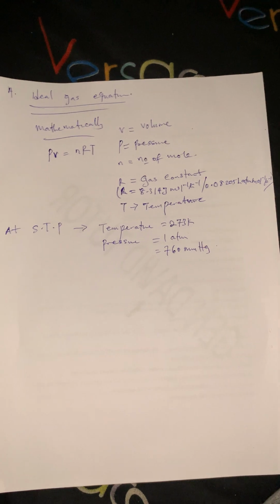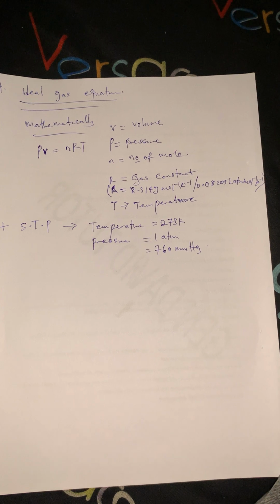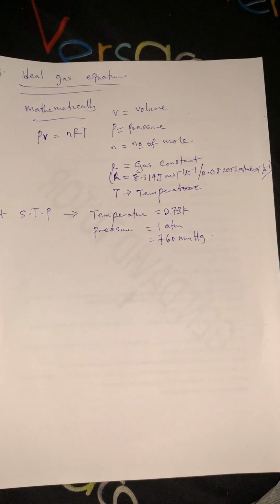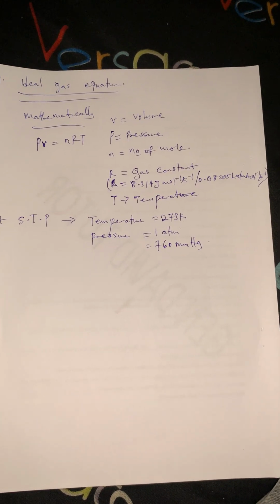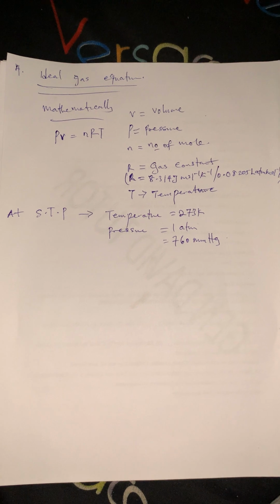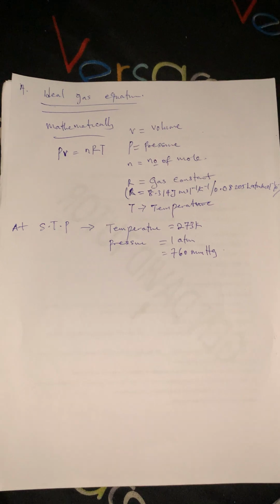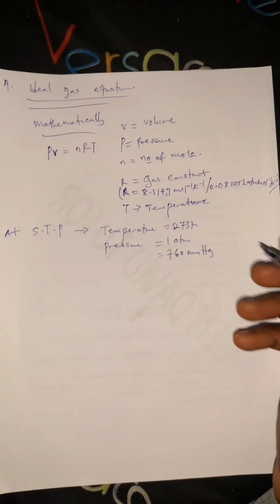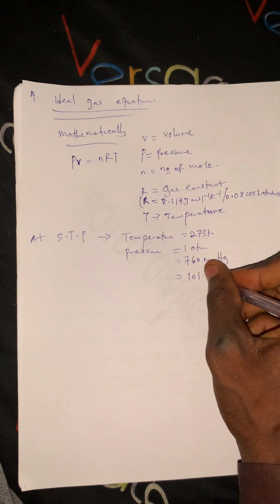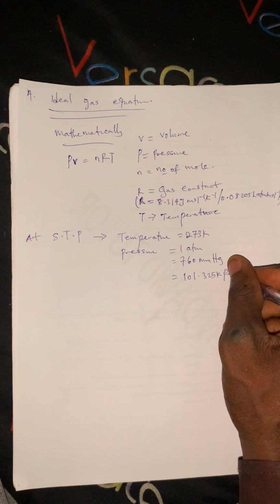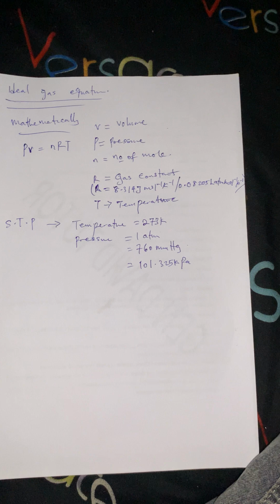Now you have to know all these formulas and all these constants, because there are sometimes whereby you'll not be given, then you have to use it, so that you'll be very, very fast in thinking. Sometimes we can even have it to be 101.325 kilopascal. It can also be in pascal, so it depends.